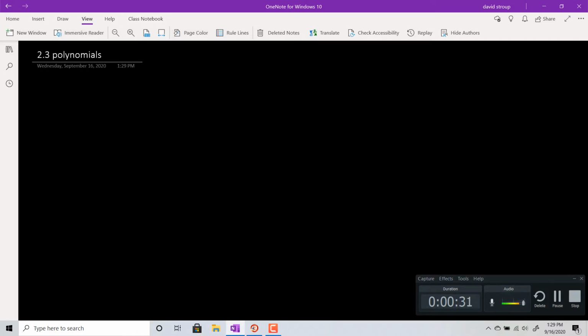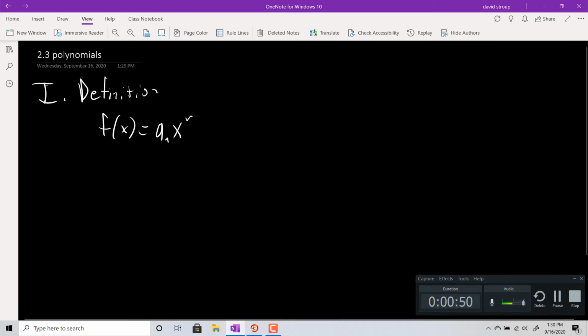Okay, so as usual, Math 1530. Polynomials. First, a general description, a definition. There's no easy way to say it really, so generally you'll see it written out in all of its glory, all of its detail: a sub n x to the n plus a sub n minus 1 x to the n minus 1 plus dot dot dot, all the way down to a sub 2 x squared plus a sub 1 x plus a sub 0.